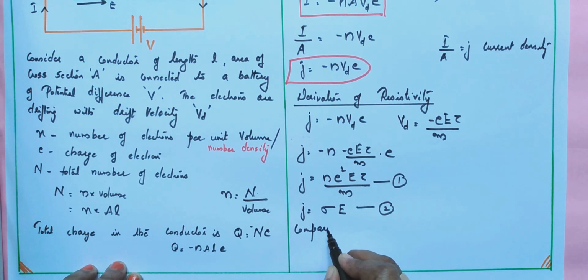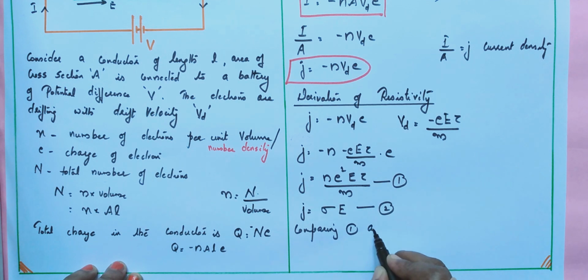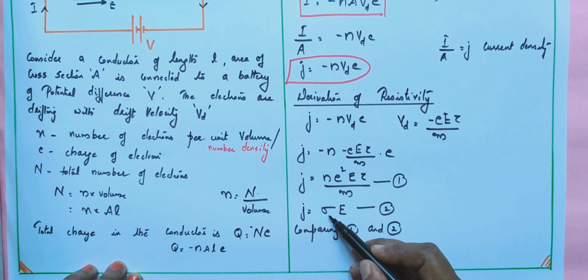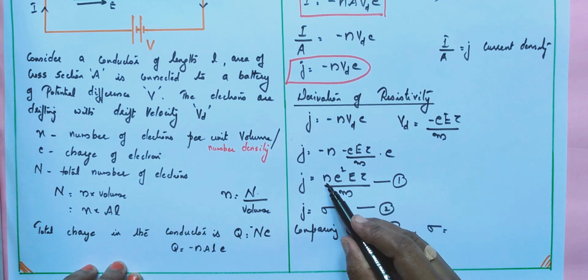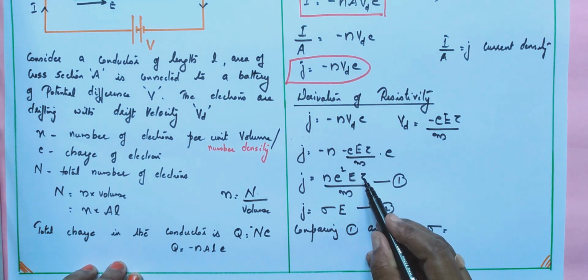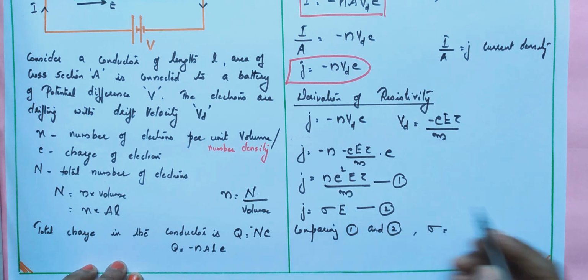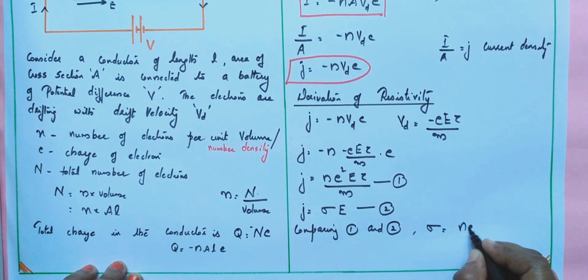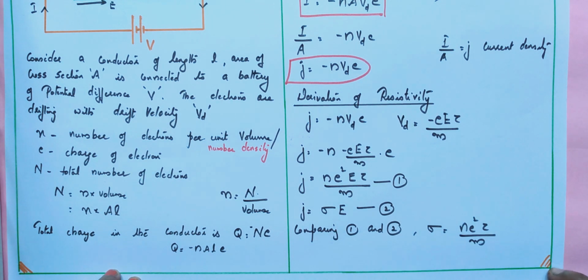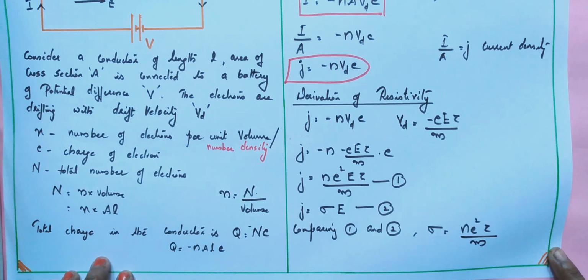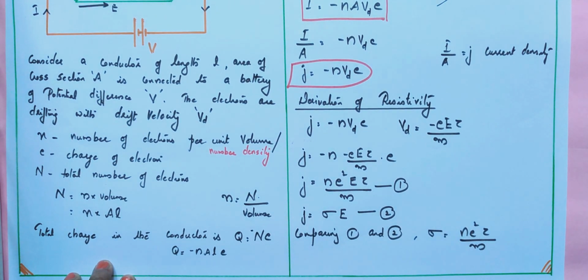Comparing 1 and 2, we can write conductivity sigma is equal to n e square tau divided by m. So we have derived the formula for conductivity as sigma equals n e square tau divided by m.